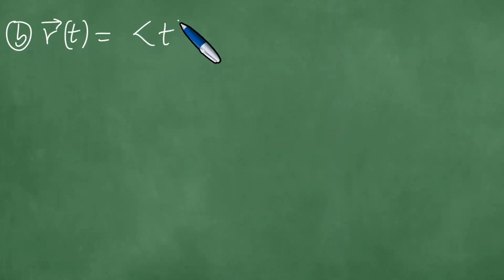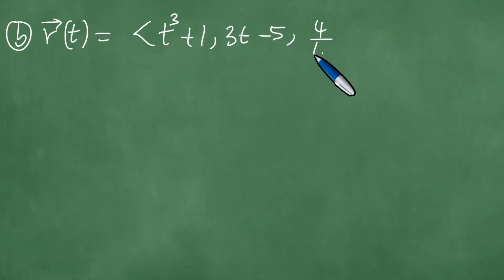Part B. R of t is t cubed plus 1, 3t minus 5, 4 over t at t equals 1.